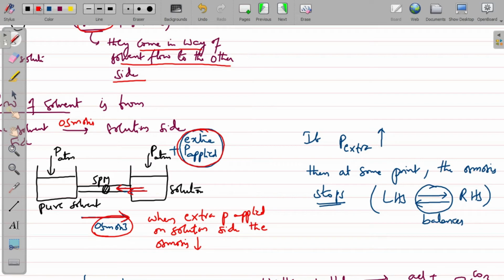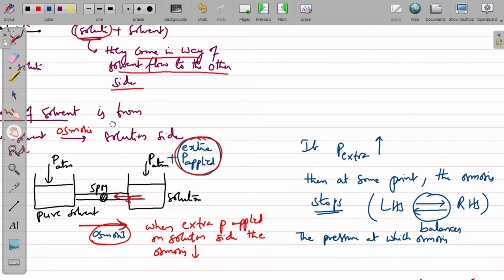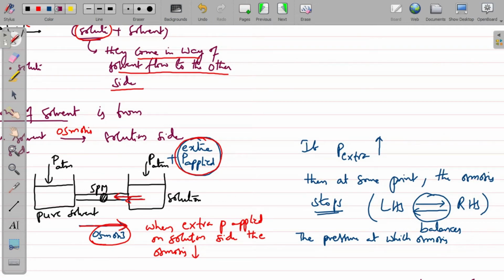Now the pressure at which osmosis stopped is called the osmotic pressure, which is normally represented as pi.